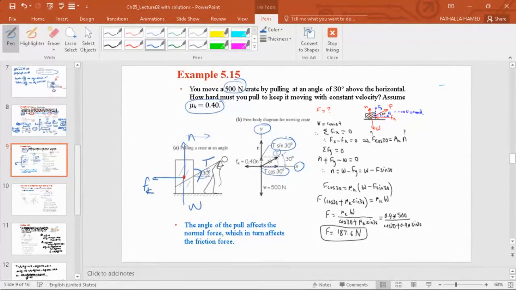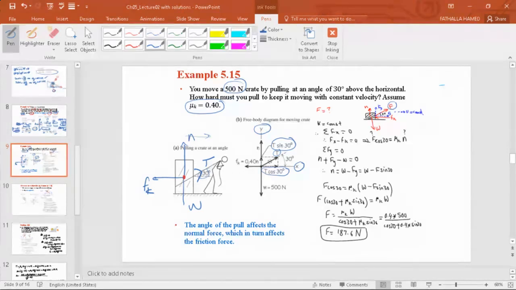And they're asking you, how hard are you going to pull? Now, on the side here, instead of putting T, we just put F to tell you that it is a force, because they did not ask about the tension. Just to be clear, they ask about how hard. That means the force that you apply. And the force that you apply is coming at an angle of 30 degrees.